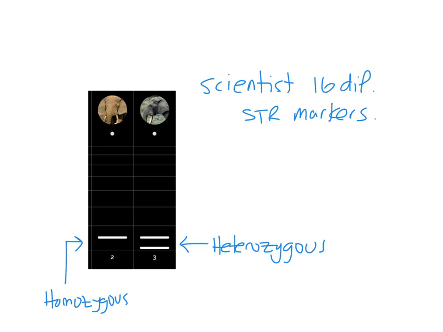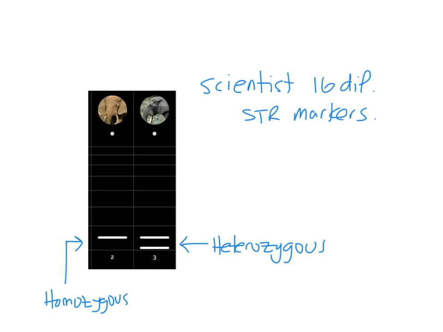So that's physically impossible to happen. So if you run enough of these markers, it's very unlikely that any 2 individuals will be the same. And scientists calculated that 16 markers is the amount where no 2 individuals would be the same.